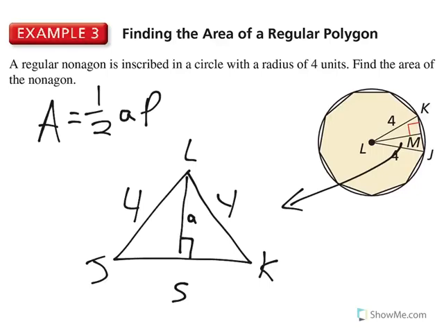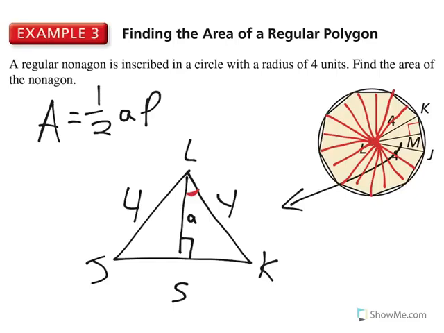This angle in here, we can find by, like we did in the last problem, dividing this up into all equal triangles. If I divide it up by the radius and the apothem to every single side, it would divide my nonagon up into 18 triangles. If I counted all these, I'm going to split it up into 18.